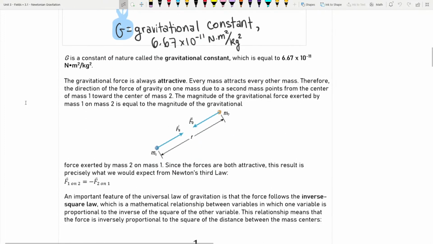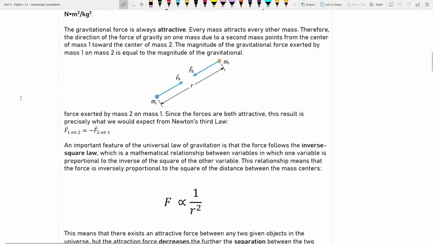All right. The gravitational force is always attractive. Every mass attracts every other mass. Therefore, the direction of the force of gravity on one mass due to a second mass points from the center of mass 1 towards the center of mass 2, and vice versa. All right? So the force is always attractive. The force always points in the direction of the other mass.